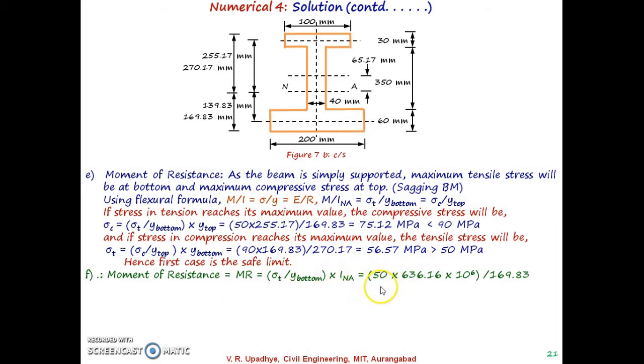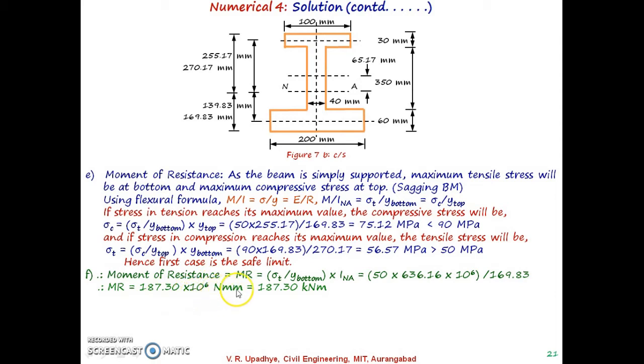So that gives us 50 into, this is already calculated, 636.16 into 10 to the power 6 millimeter to the power 4 divided by Y bottom. Y bottom is 169.83. So that is written over here.